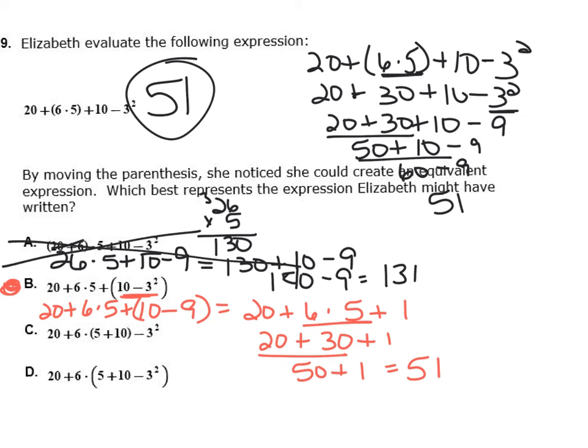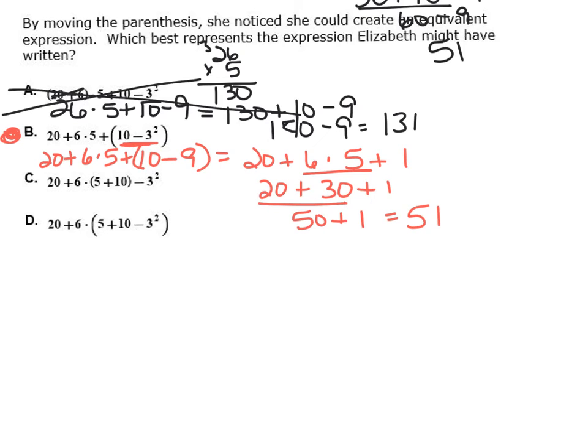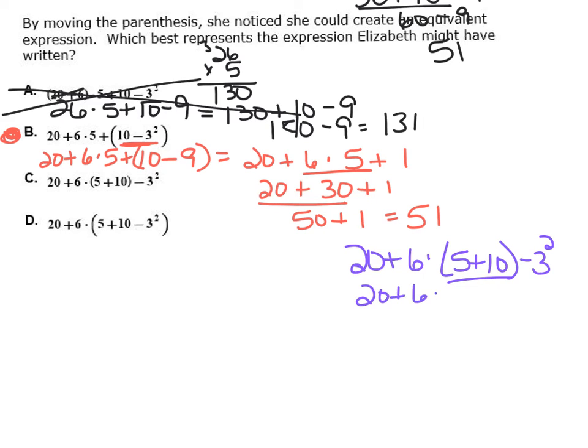So let's go ahead and look at letter C. Okay, so now I'm going to do letter C over here. So 20 plus 6 times 5 plus 10 minus 3 to the second power. So we do 5 plus 10. So 20 plus 6 times 15 minus 3 to the second power.